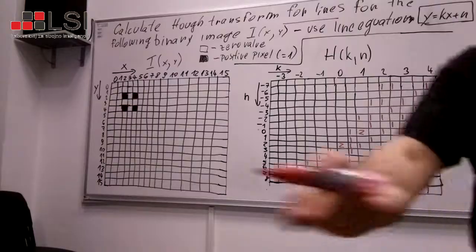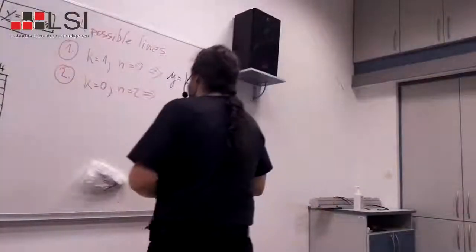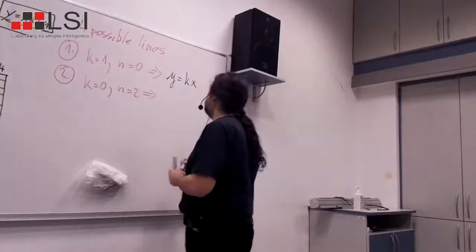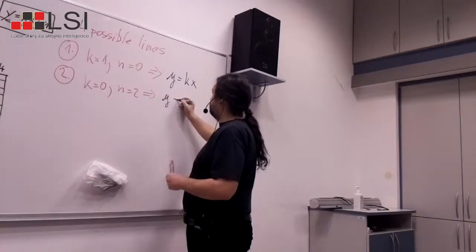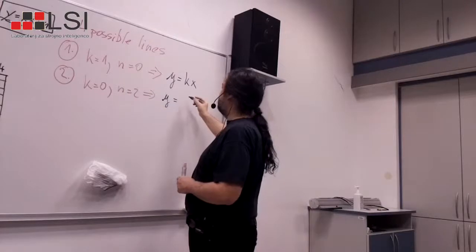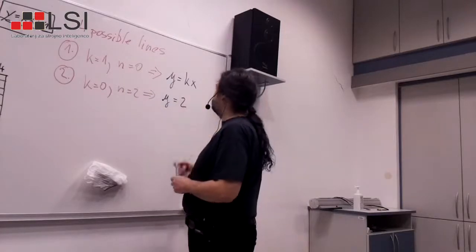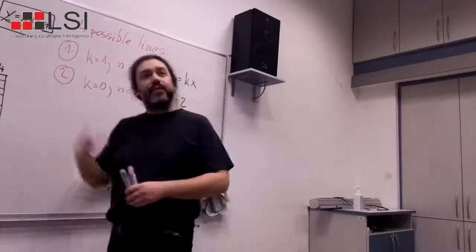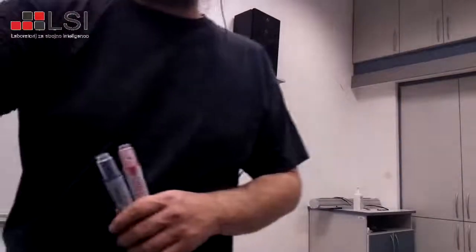Funny thing, yeah? So k is 0, n is 2, we get y is 2. You will see, we'll check if this works out.